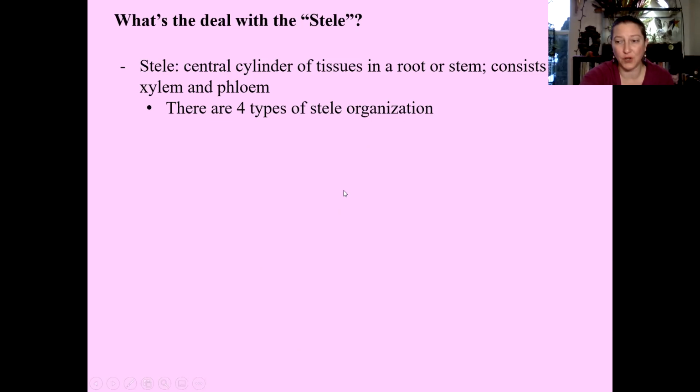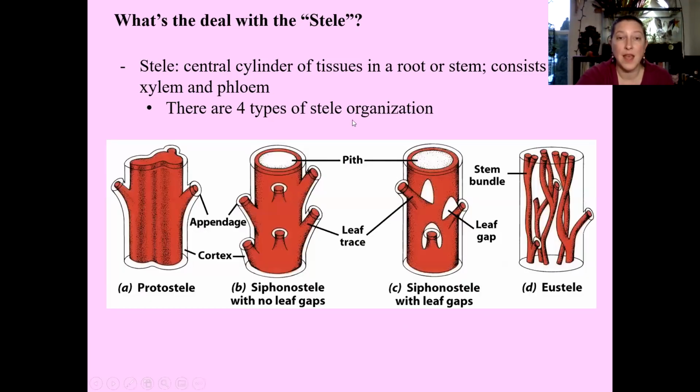It does not refer to how the xylem and phloem are arranged in a leaf for whatever reason, because leaves, it's like veins. And so we just stop with veins. But in the root system or in the shoot system, how the xylem and phloem are arranged in there is what's called the stele. There's 4 types of ways that the xylem and phloem can be arranged or organized. And so they are these.